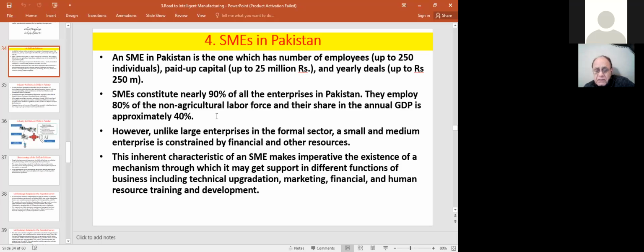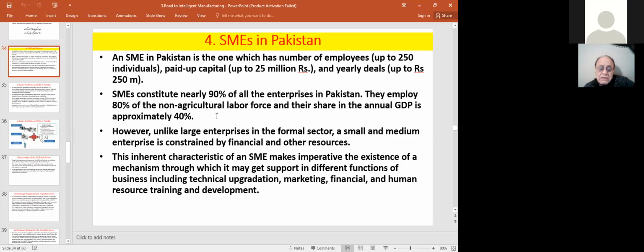And this is a dry sector, that means it does not utilize the capabilities of intelligent manufacturing to that extent. The big industries, of course, are on the front lines, and they have utilized intelligent manufacturing techniques to some extent.